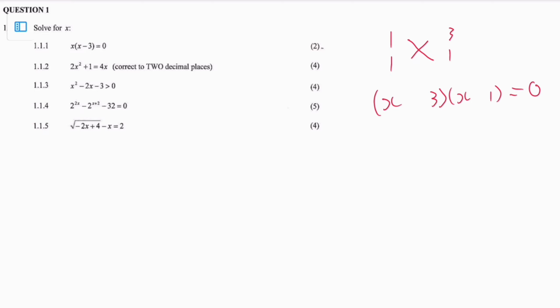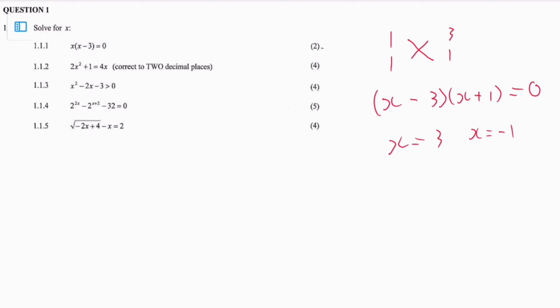Since we want a negative 2x, the larger number has to be negative, the smaller number has to be positive. So x times x is x squared, -3 times 1 is -3, and -3x plus x gives you -2x. So that tells us the two values that we care about.